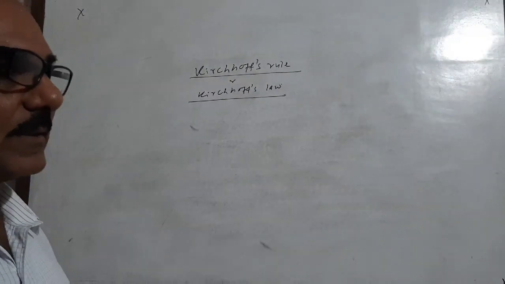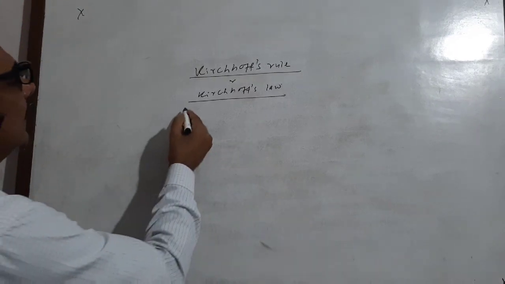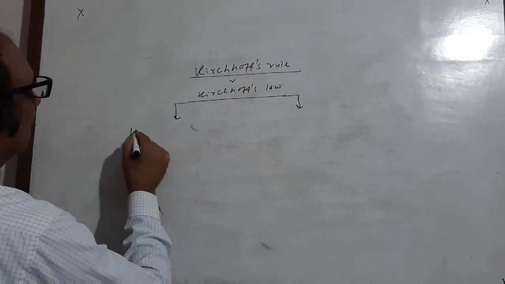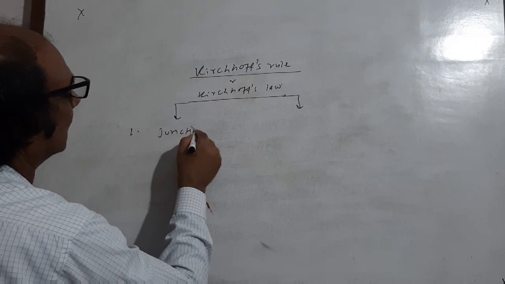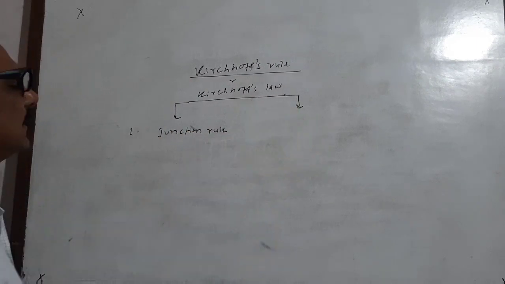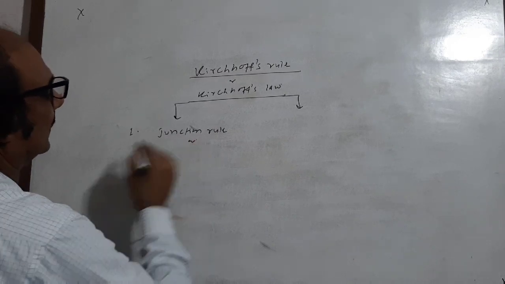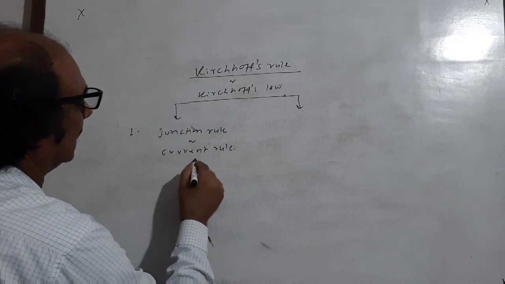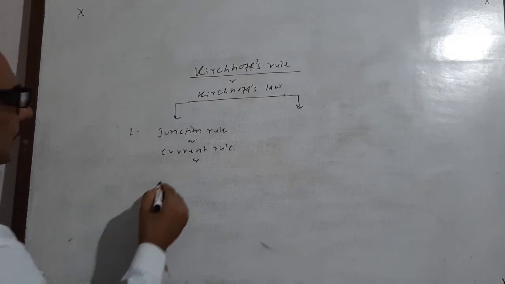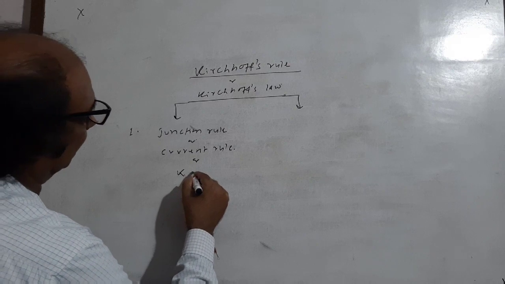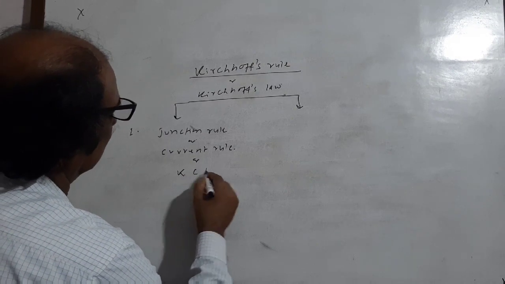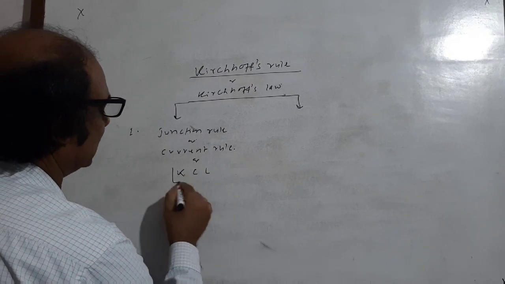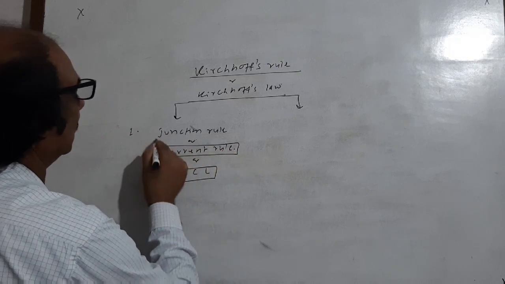The first one is the junction rule or junction law, also known as the current rule, and sometimes it is also referred to as KCL, meaning Kirchhoff's current law: current rule, junction rule.